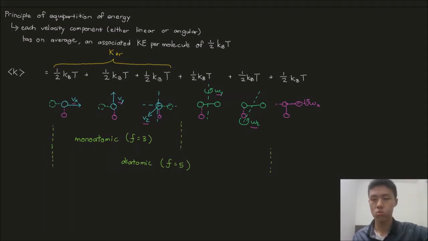Let's call this polyatomic. Once you have entered the polyatomic realm, you unlock one more rotational axis, so one more degree of freedom compared to diatomic molecules. That's what we have for monatomic, diatomic, and polyatomic gas molecules.